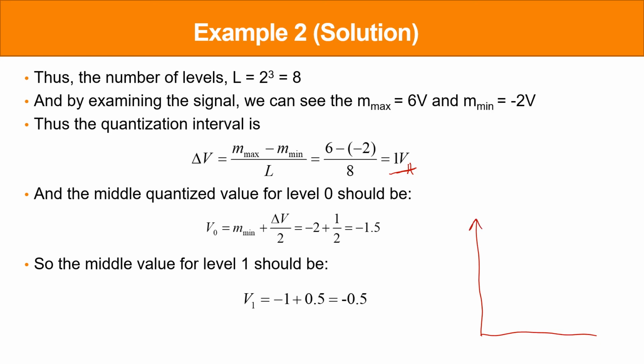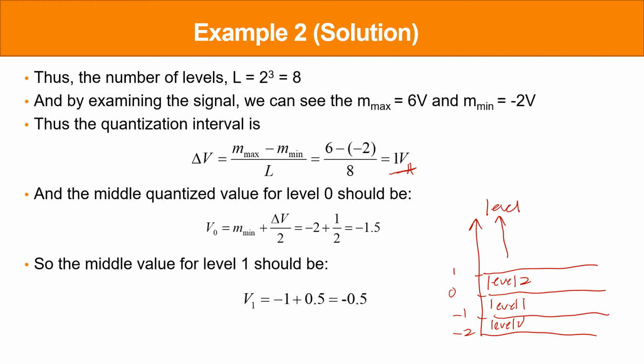For that signal, from negative 2 to negative 1 is level 0, negative 1 to 0 is level 1, 0 to 1 is level 2, and up to level 8. For the first level, level 0, the quantized value is M min plus delta V divided by 2.